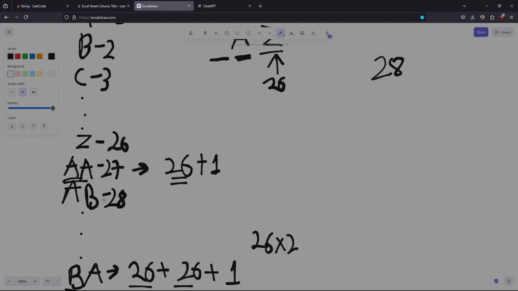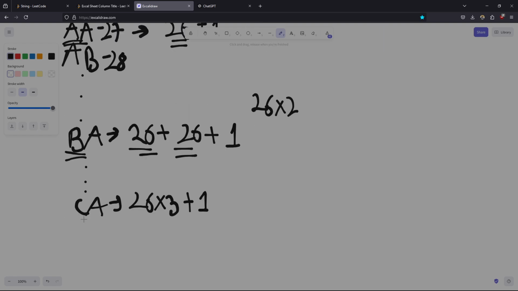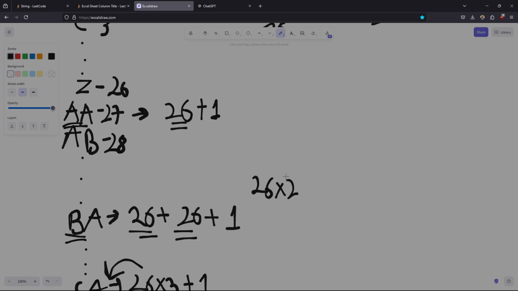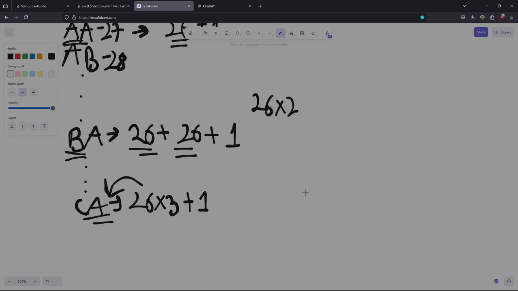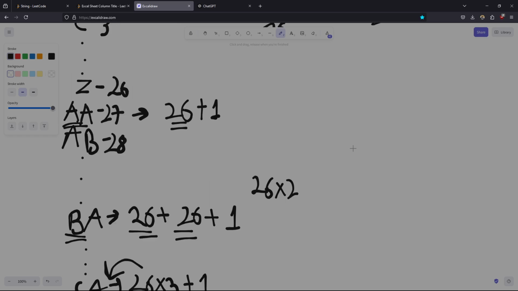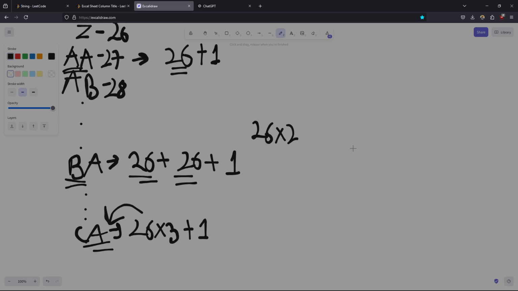But the input given to us is not this alphabet. The input given to us is the integer number. So we have to convert this into this. What we can do is start a loop and try to divide the given number.